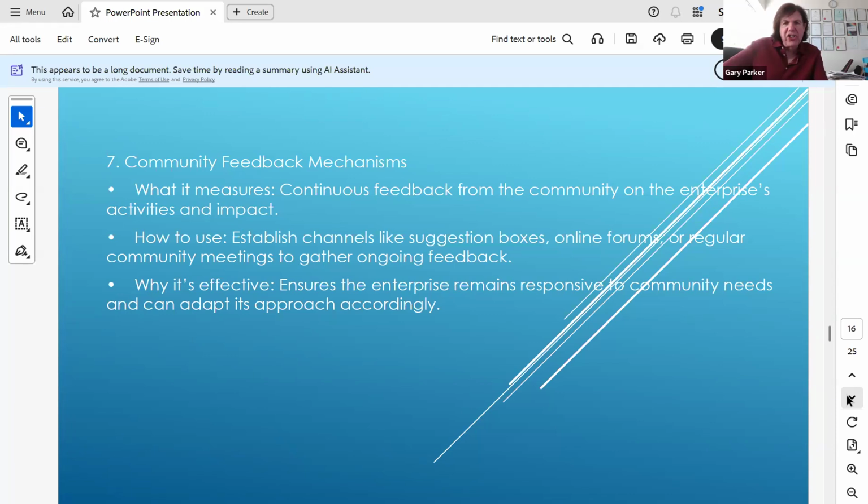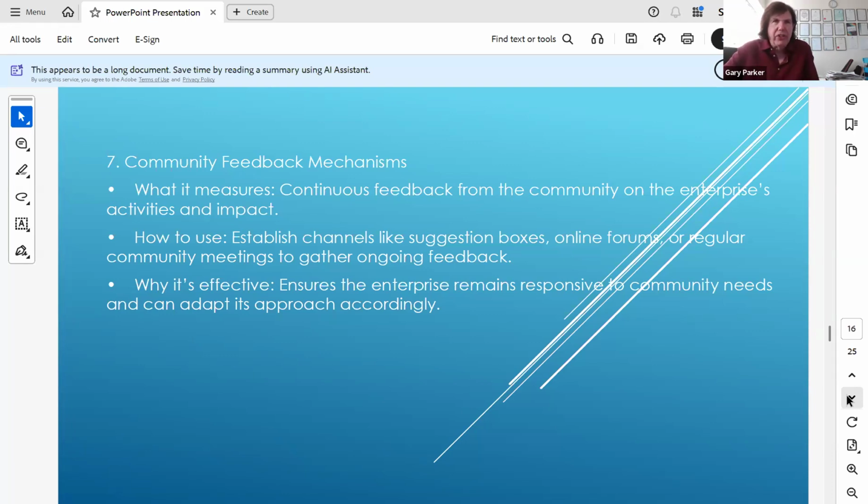Another way to do this is through community meetings to gather ongoing feedback. Obviously, again, it depends what your project does, and there are some things that may be more amenable to community meetings of various types. But it may not be appropriate for all projects.